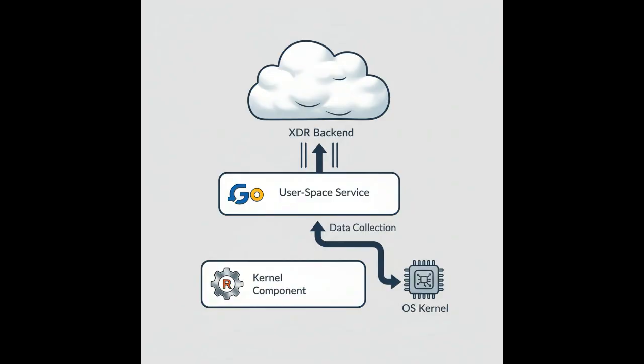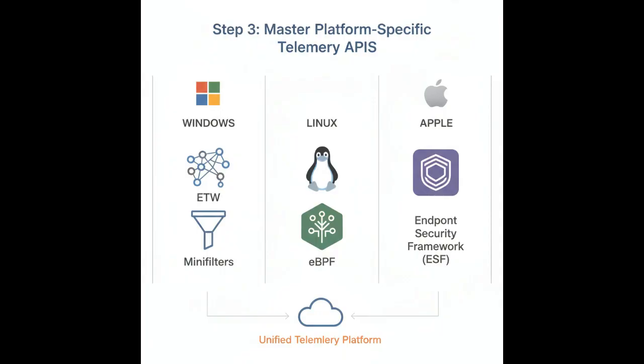Recognizing this, modern operating systems are pushing developers towards more stable, managed APIs that run in user mode, enhancing both security and reliability. A truly effective agent must be cross-platform, which requires mastering the unique, native telemetry APIs of each major operating system. There is no one-size-fits-all solution here.